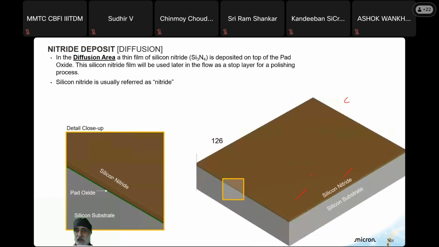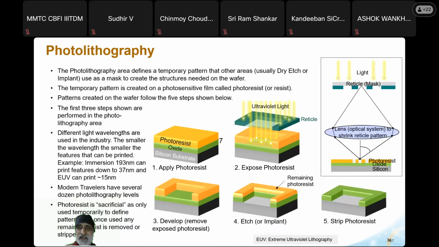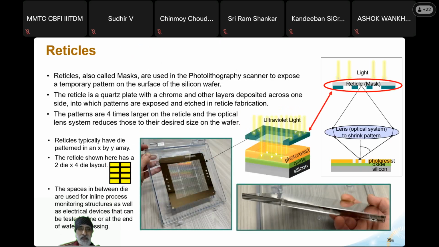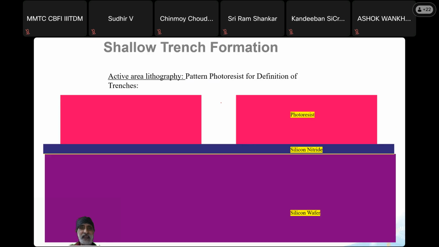So in this, the photolithography will define that area where we can have isolation and where we can have these components. So this is the reticle which I was trying to show you. It has that information, and based on this, this is the area which it has defined.